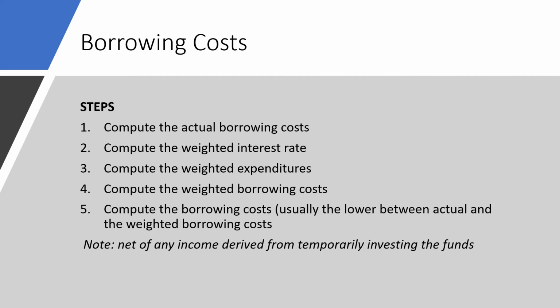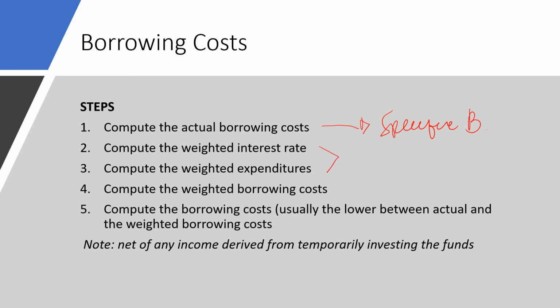When we say actual, this is the actual interest expense, usually applicable to specific borrowing arrangements, and actually to general borrowings as well. Now, if your borrowings are general, we are required to compute the weighted interest rates and the weighted expenditures, whichever comes first.